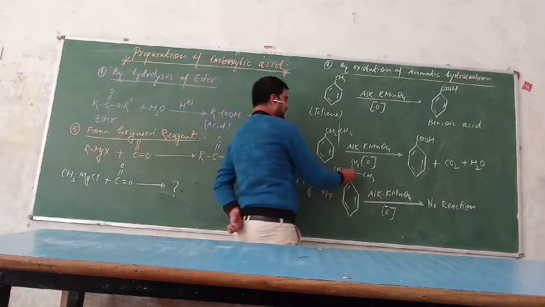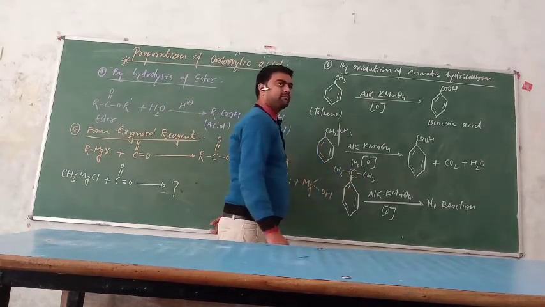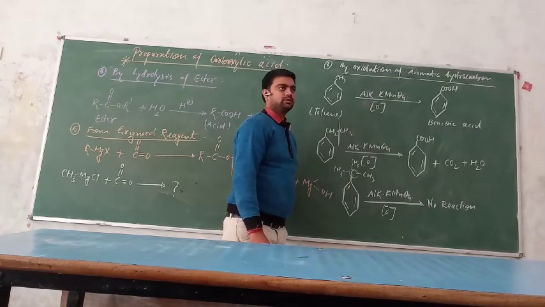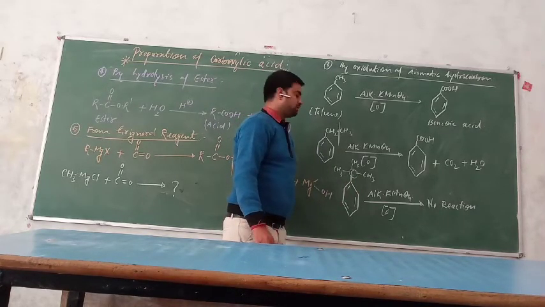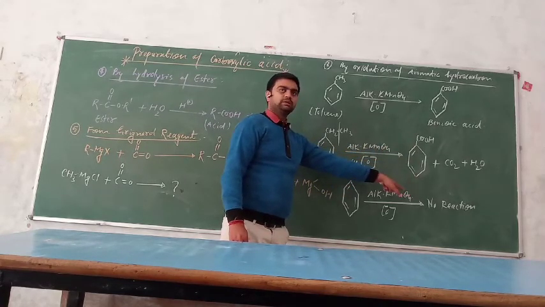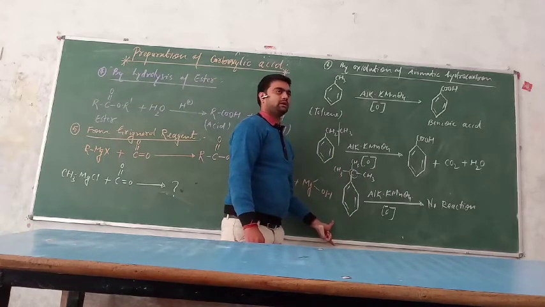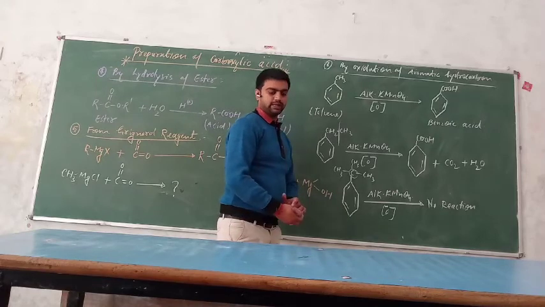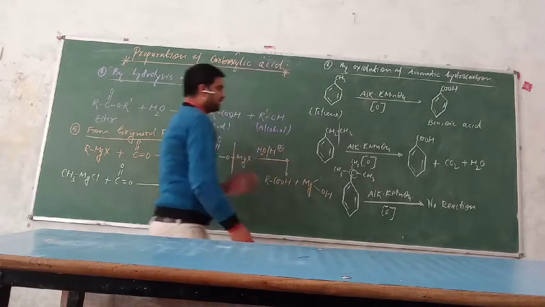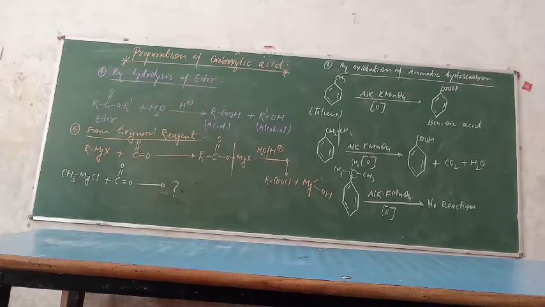Because the carbon which is directly attached to the benzene ring has no hydrogen. Clear? So it will not change into the carboxylic group. In this way we can say that the reaction will not occur, or we consider it no reaction. Understand? So these are all the different methods for the preparation of carboxylic acid.